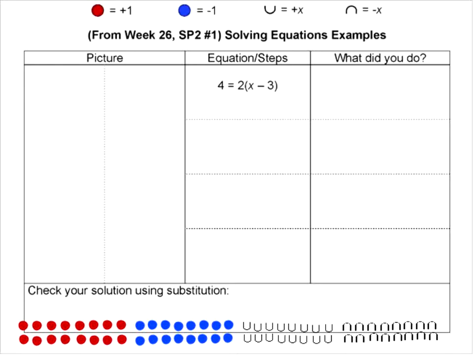Now how do we represent the 2 times the quantity x minus 3 using cups and markers? What I'd like to do is have Pat represent the left side of the equation, and Connie, would you represent the right side in this space right here?